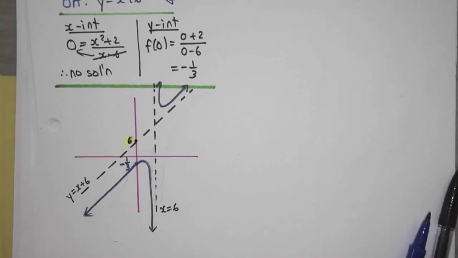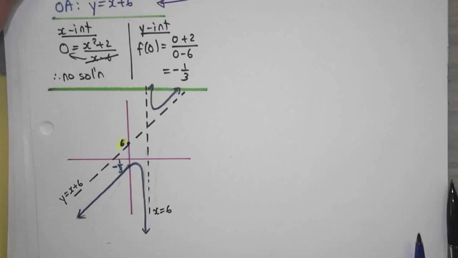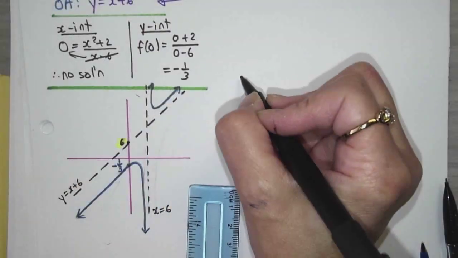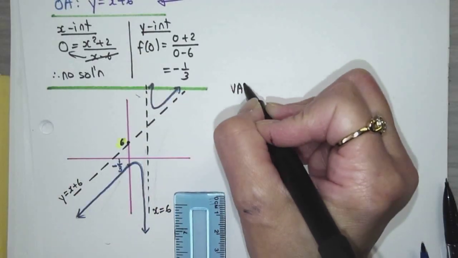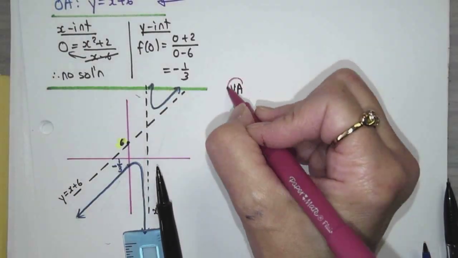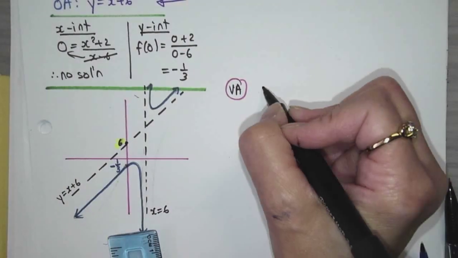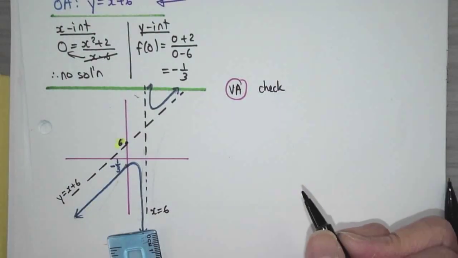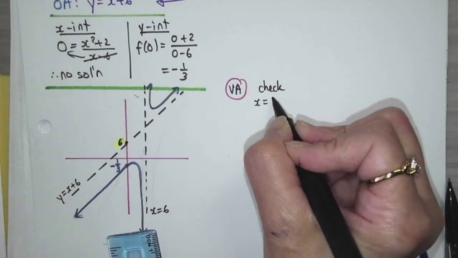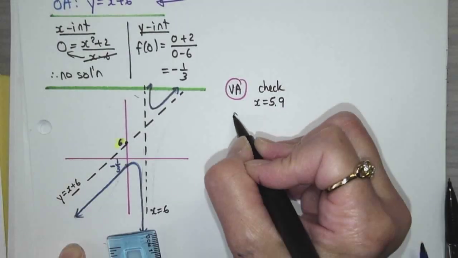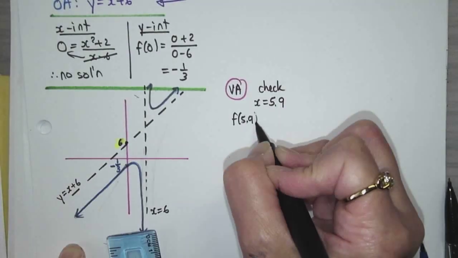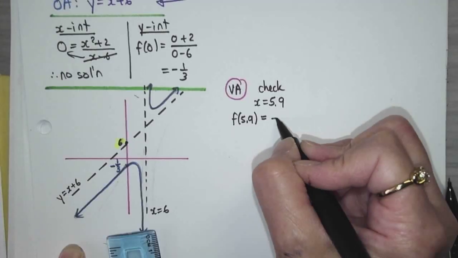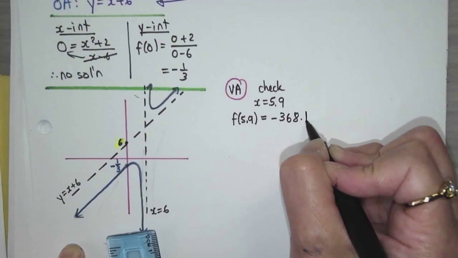So for my check, we're going to do my vertical asymptote. Okay, vertical asymptote. What do I check? I'm going to check x equal 5.9, and I'll give you my values just so we can go faster. I got exactly negative 368.1.